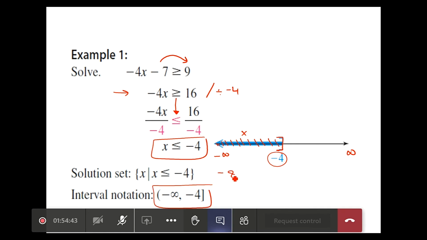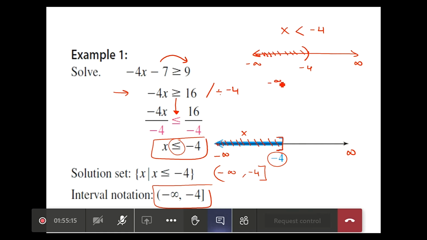Negative infinity, negative 4, this open, this close, because we have equality. If we don't have equality, for example, the solution x less than negative 4 without equality, on the real line from negative infinity to infinity, this one negative 4, this open.